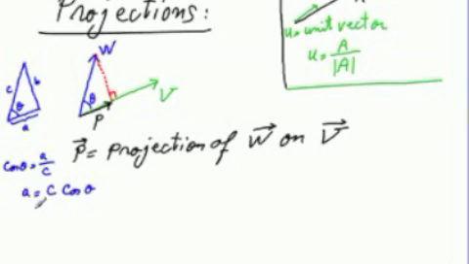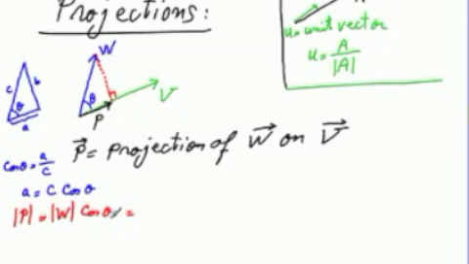Now, this A is the length of the vector P. So let's use the proper notation. C, the hypotenuse, is the length of vector W. And then I have cosine of theta.